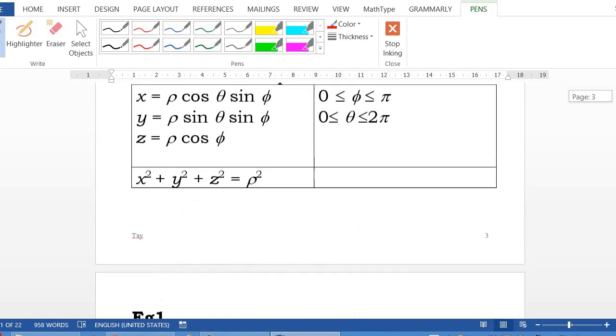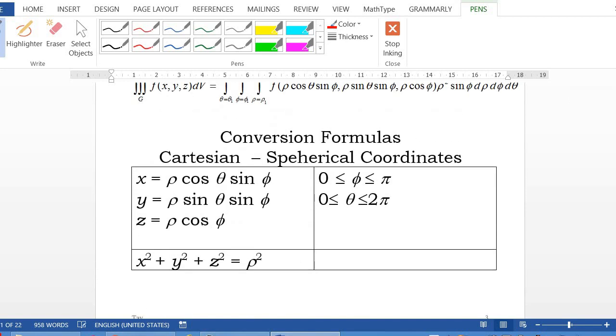So the conversion formulas from Cartesian to spherical coordinates are: x is rho sin phi cos theta, y is rho sin phi sin theta, z is rho cos phi, and x squared plus y squared plus z squared equals rho squared. Here phi is from 0 to pi.